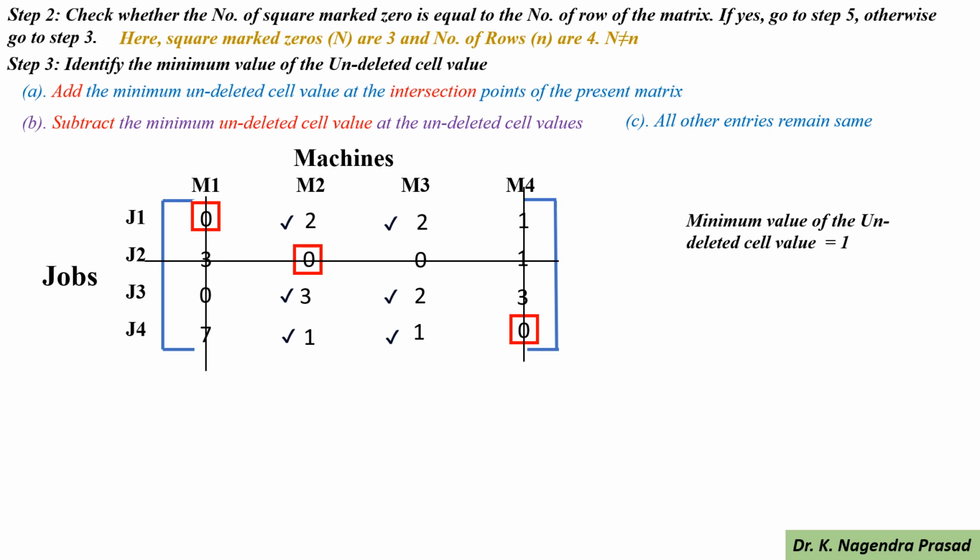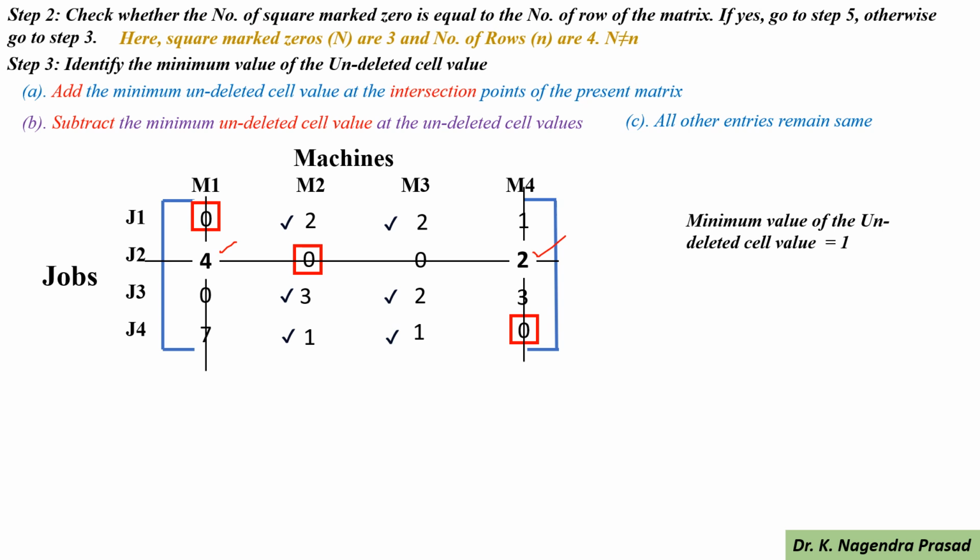Here the intersection points are the intersection of the horizontal line and vertical line. Those respective cell values are 3 and 1. So we add this minimum value to the intersection points. Then 3 plus 1 becomes 4 and 1 plus 1 is 2.